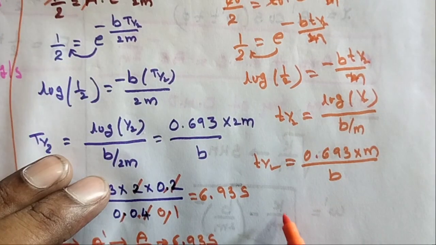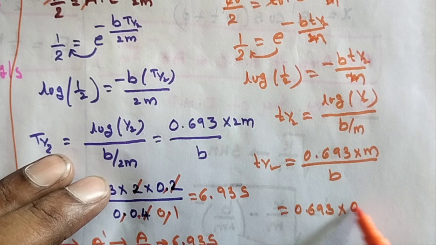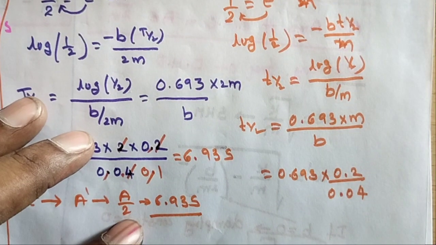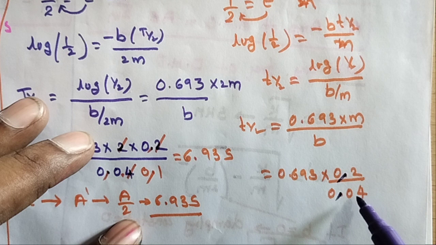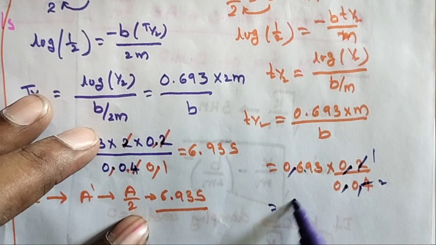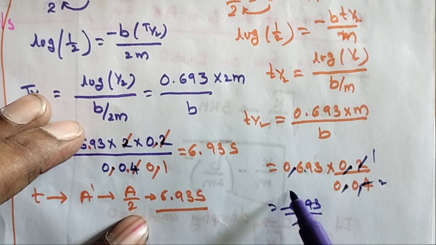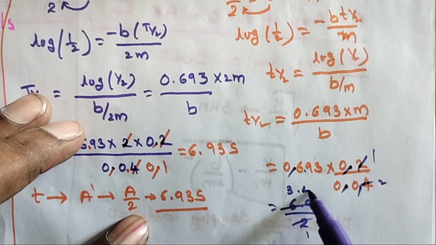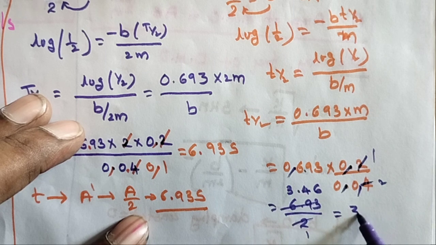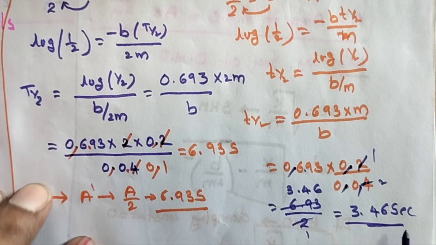So 0.693 into m, which is 0.2, by b, which is 0.04. Removing the points, 2 ones are 2, 2 twos are, so 6.93 by 2. That gives 3.46 seconds. So this is 3.46 seconds.